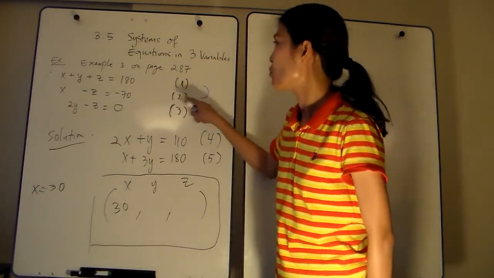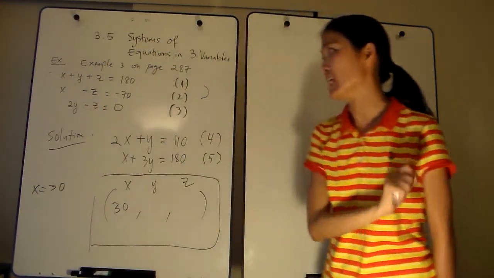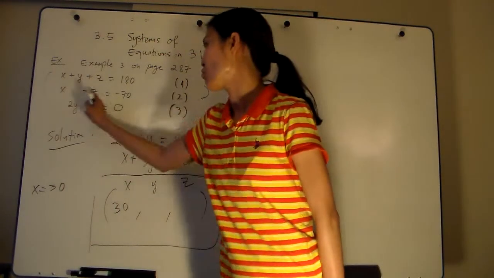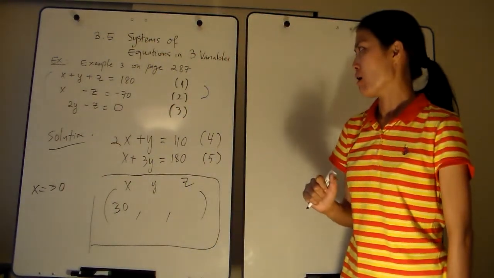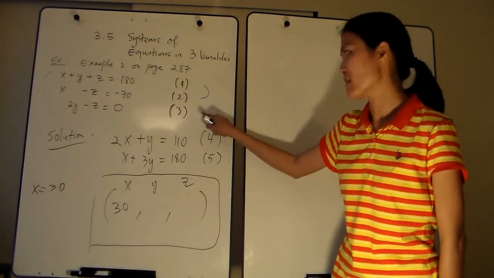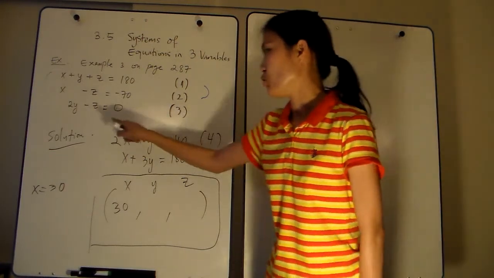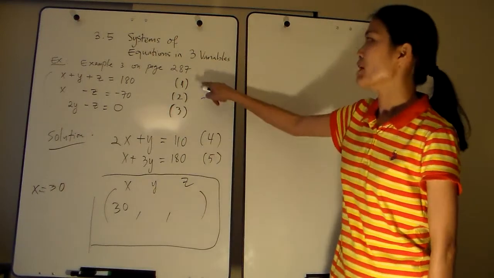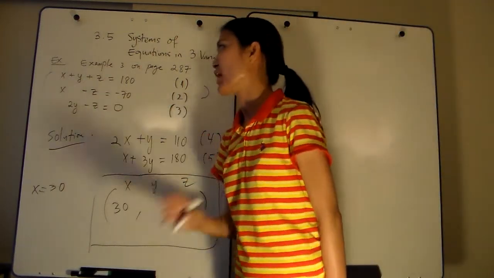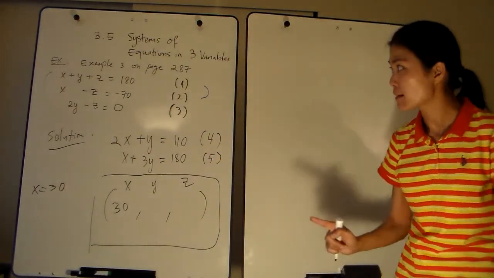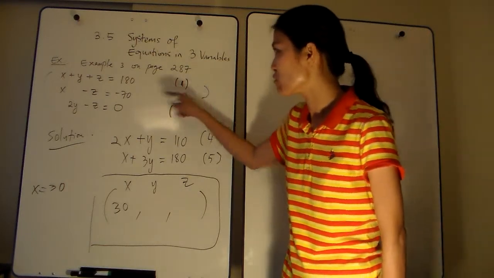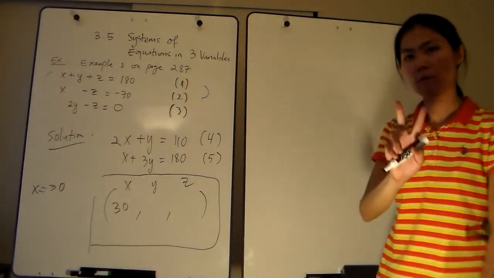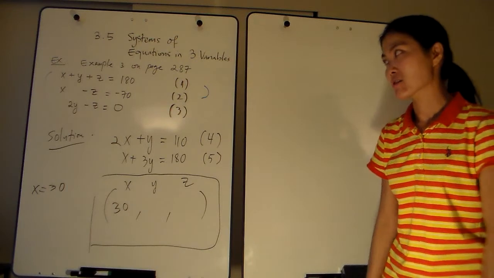You know x, you can solve for z. Equation 3, you cannot use it because you don't know y, you don't know z. Same thing for equation 1, you don't know y and z, you cannot solve for x. But for this example, equation 2 is in 2 variables, and you know x, that means you can solve for z.